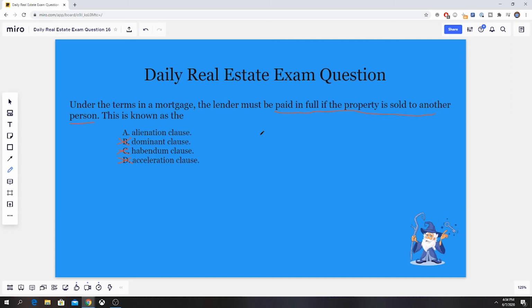Obviously, with alienation and acceleration, a lot of people get those mixed up because they both involve somebody paying the property in full. It's just two different instances. Like I said, the acceleration clause comes into play with a breach of contract. The alienation clause is just in case the property is transferred to another person.